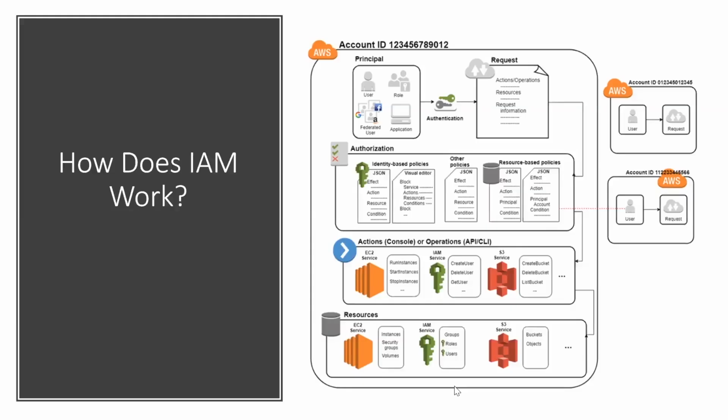For my S3 service, I can have buckets and objects created. So at a high level, this is how IAM will work. As soon as the user requests, all these workflows get triggered, and once these workflows are completed, access is granted to the respective user.